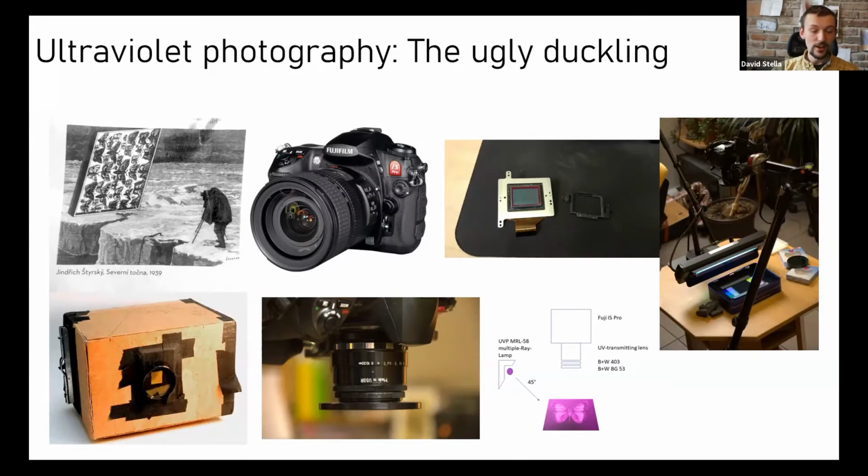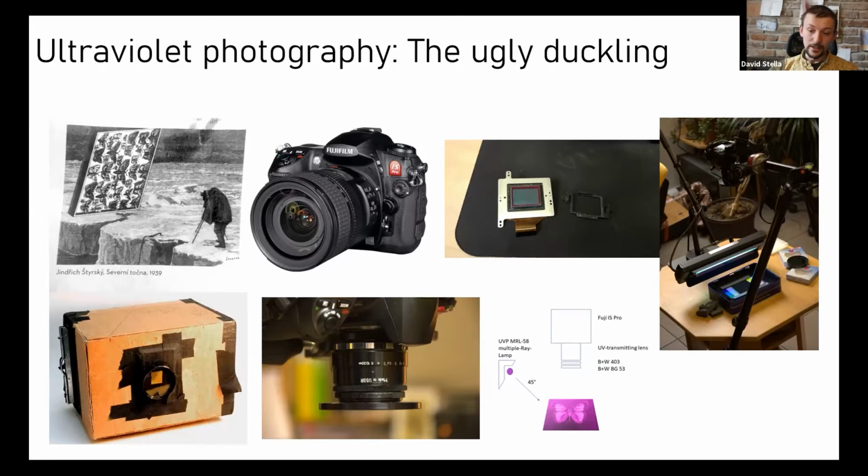We have used an old Russian 70 or 80 years old lens, which works perfectly fine. And of course, you need to filter the visible light and the infrared light just to get the light that you need. So you need a set of filters.